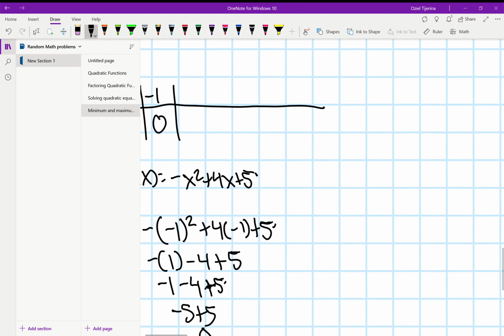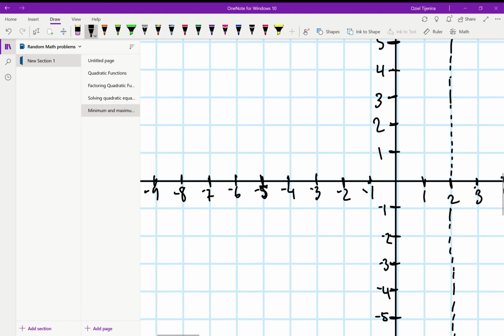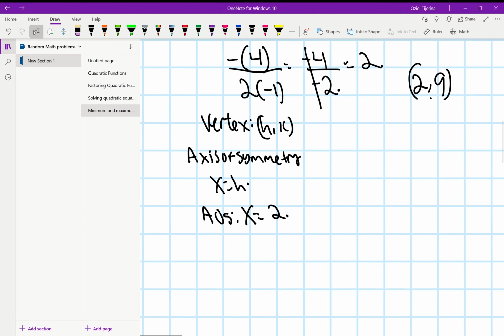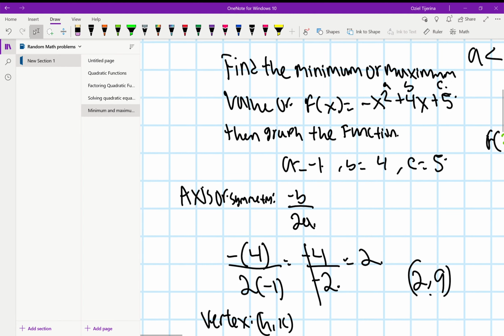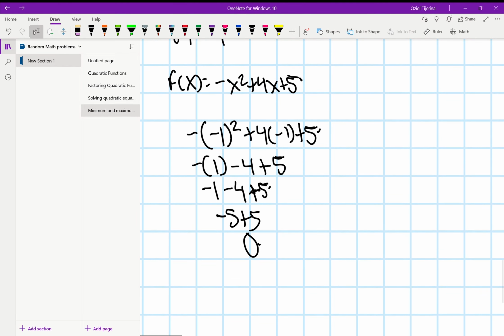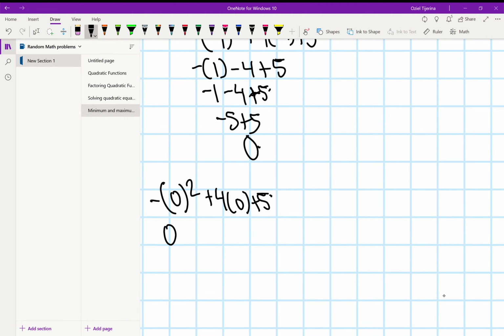And then for 0, obviously, if we plug 0 in, for those of you that are not sure, negative 0 squared, plus 4 times 0 plus 5. This is just going to be 0 plus 0 plus 5, which is 0 plus 5, which is 5.